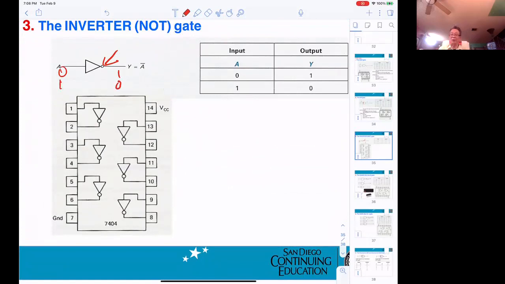Not 1 means 0, not 0 means 1. That's very simple. But inside that IC, you get 1, 2, 3, 4, 5, 6 gates. And the part number will be 7404.